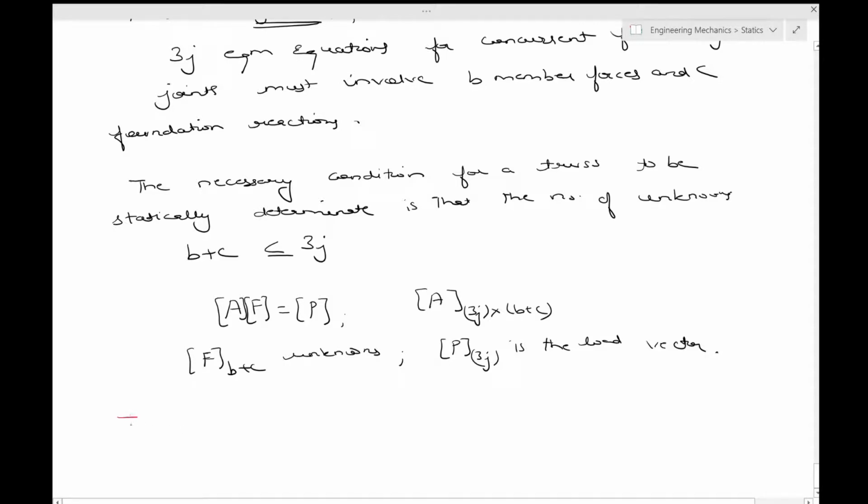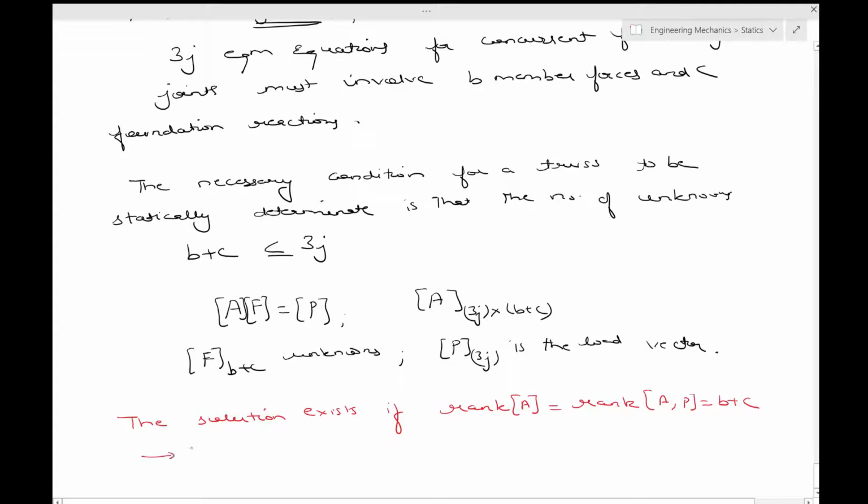The solution exists if rank of A is equal to rank of A comma B is equal to b plus c.